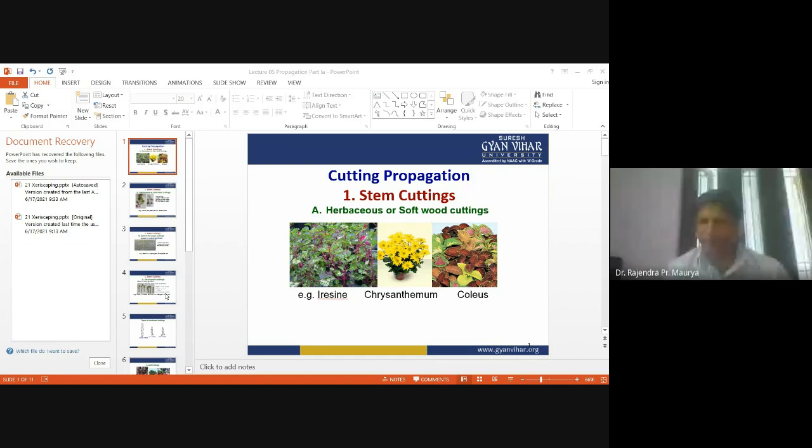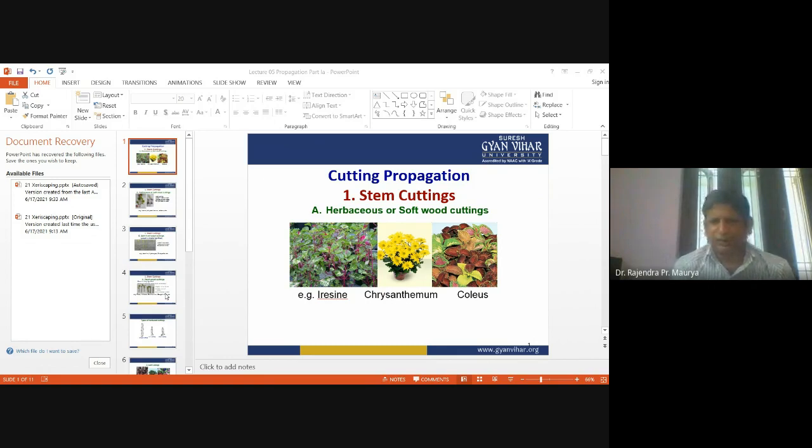But this is also not so easy because many factors are responsible for the success of cutting propagation. So in this slide, we are discussing the different factors.